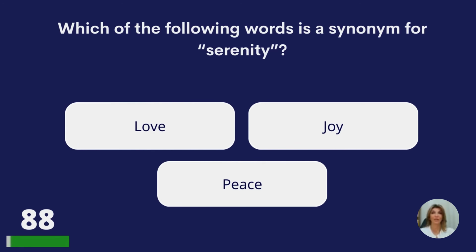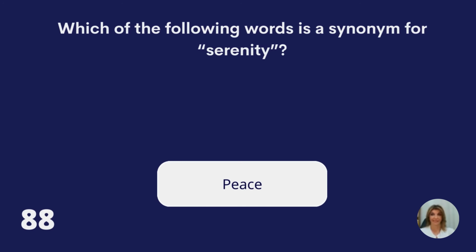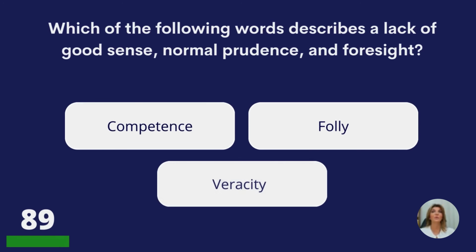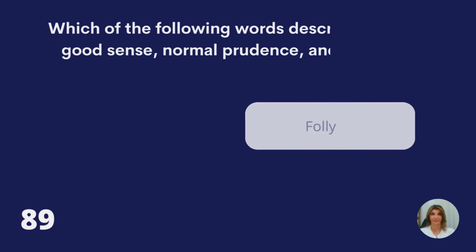Which of the following words is a synonym for serenity? Love, joy, or peace? Peace. Which of the following words describes a lack of good sense, normal prudence, and foresight? Competence, folly, or veracity? Folly.